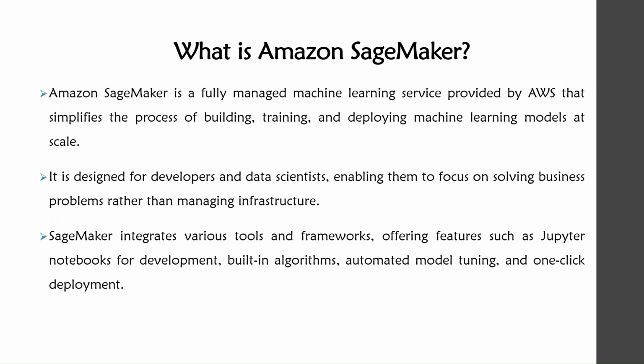So, what is Amazon SageMaker? Amazon SageMaker is a fully managed machine learning service provided by AWS that simplifies the process of building, training, and deploying machine learning models at scale.